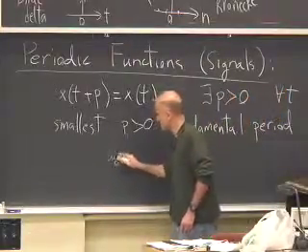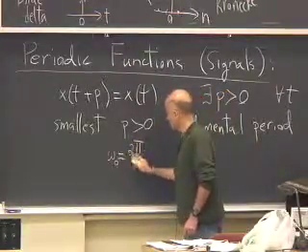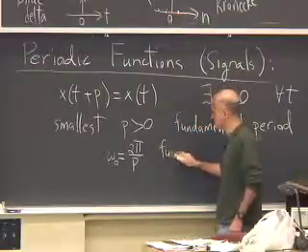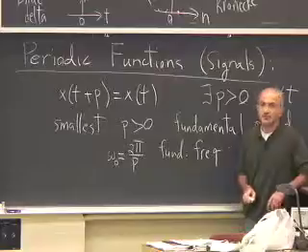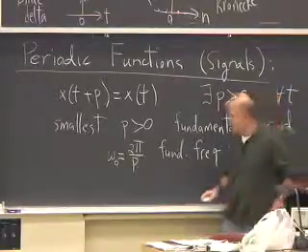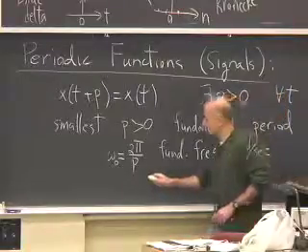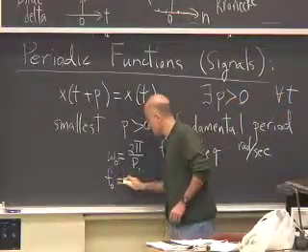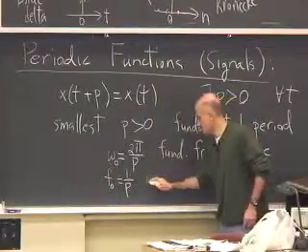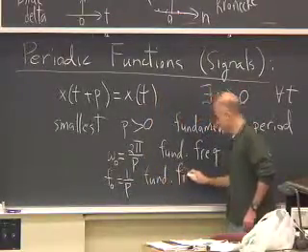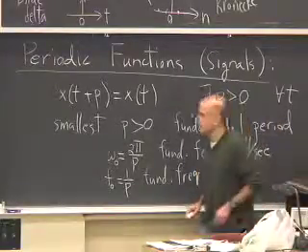The fundamental frequency associated with this signal is 2 pi over p, and that's called the fundamental frequency in radians per second. If you want the fundamental frequency in hertz, you simply take 1 over p. This is the fundamental frequency in hertz, or cycles per second.